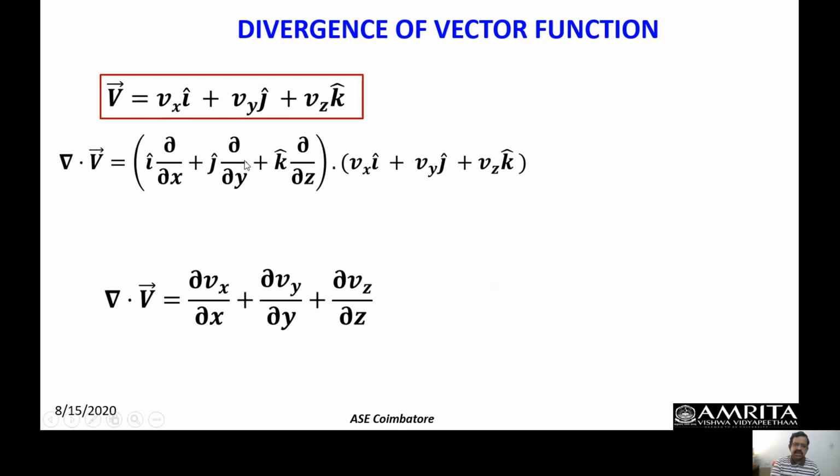Same is the case with the j vector, j hat with i hat will be 0, and j hat with k hat will be 0, resulting in only dou Vy by dou y, that will be the second term. The third term will be likewise dou Vz by dou z.